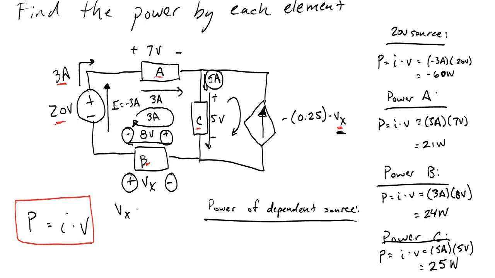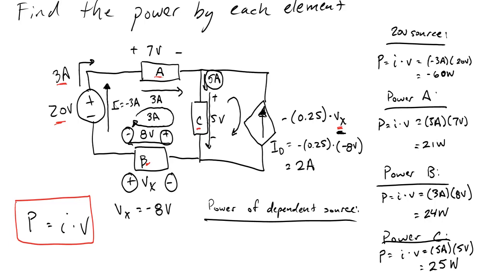Vx is minus 8 volts. Volts, not watts. Let's work that out then. What is the current in this dependent source that I'm going to call ID? ID is going to be minus 0.25 times Vx, which is minus 8 volts. So that gives us 2 amps.